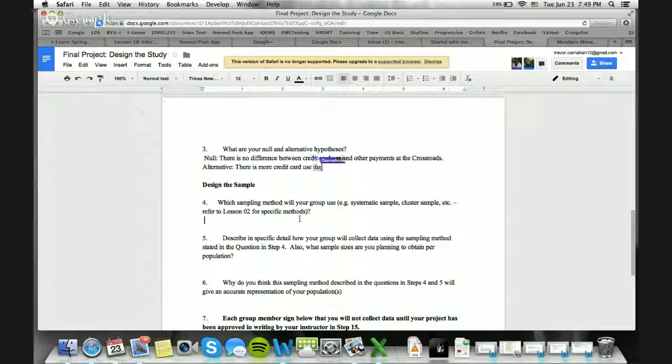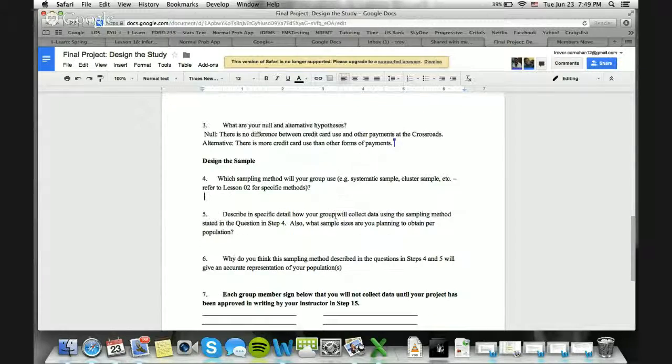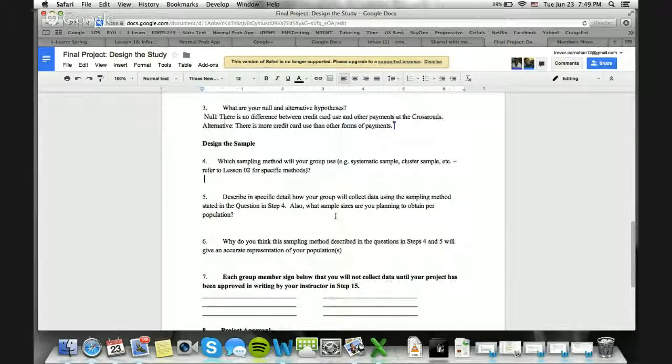Is it technically a cluster sample? Because we'll go in at a certain time and take everyone from that time. Or would it just be? It could be systematic. We could just get every like fifth person or something. Might as well just grab everybody that's there.